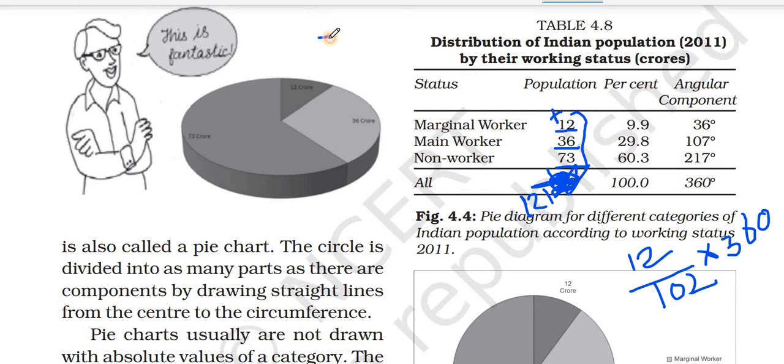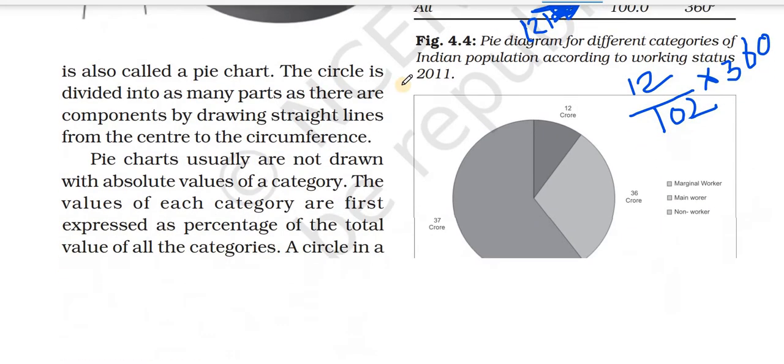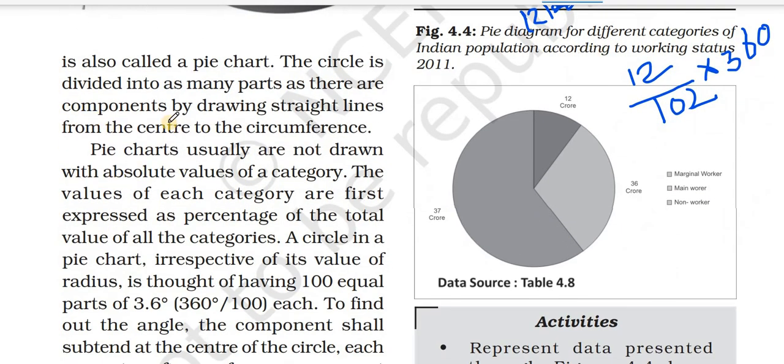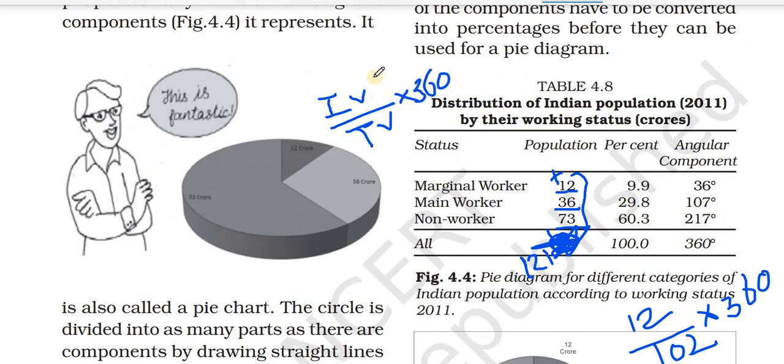We can write here: individual value divided by total value into 360. What is the 360? A circle is 360 degrees. I think you people already studied this in 10th standard. A circle is 360 degrees, so we need to multiply with 360.